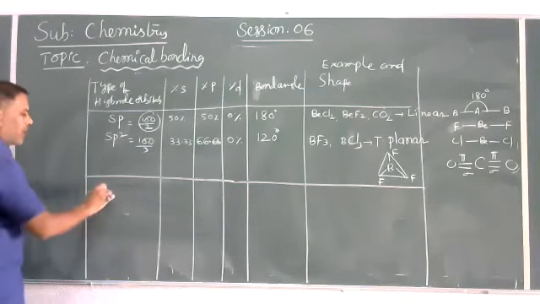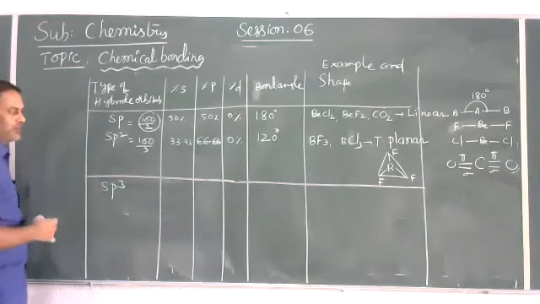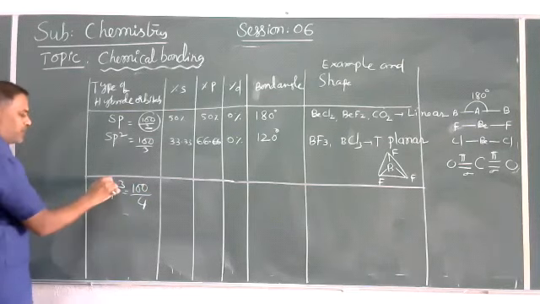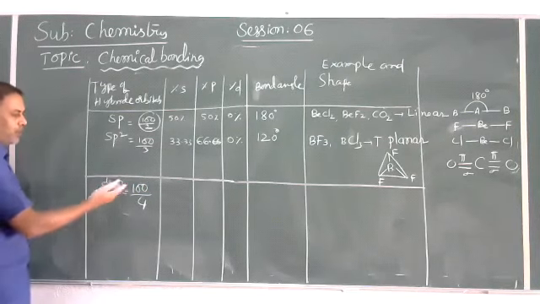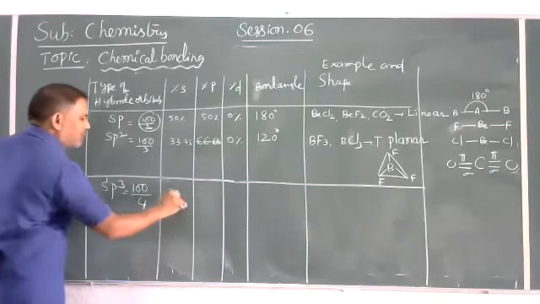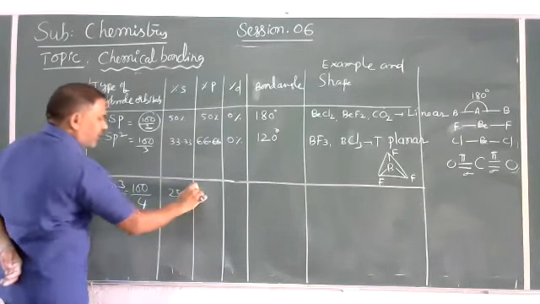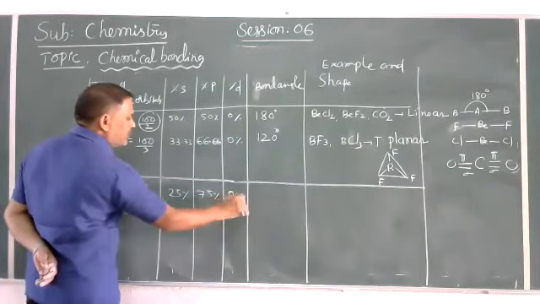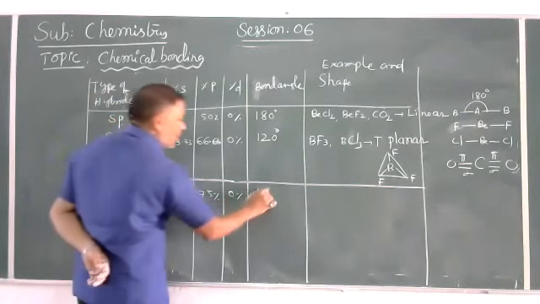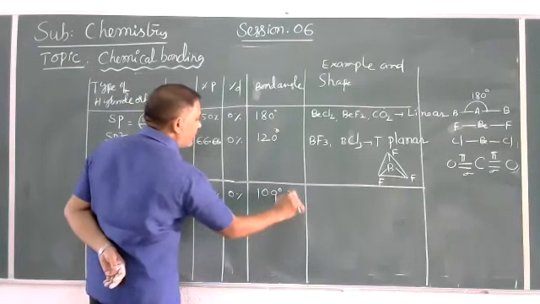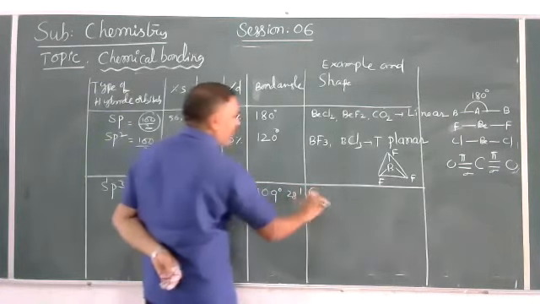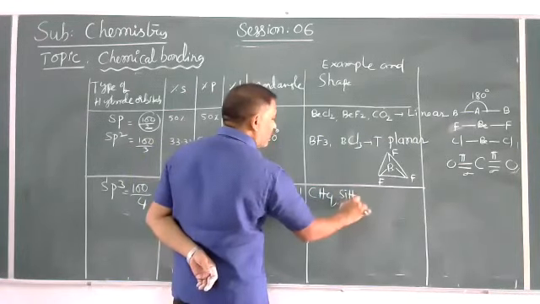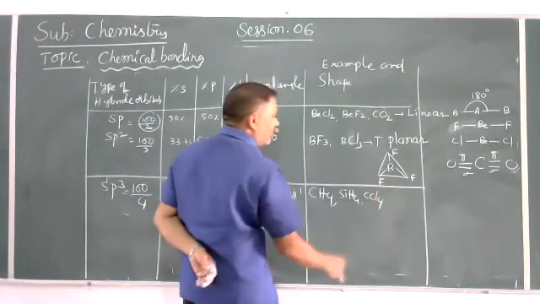Now sp3 hybridization. Here 100 divided by 4, because 1 plus 3 gives 4 hybridized atomic orbitals, each one 25 percent. So p is 25 into 3, 75 percent, and d is 0 percent. The bond angle is 109 degrees 28 minutes, as in CH4, SiH4, CCl4.